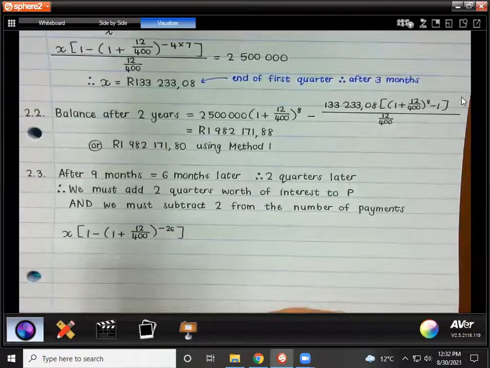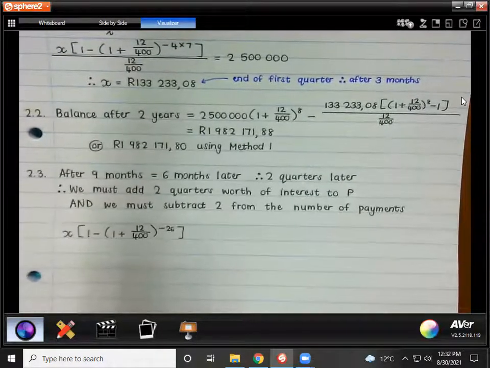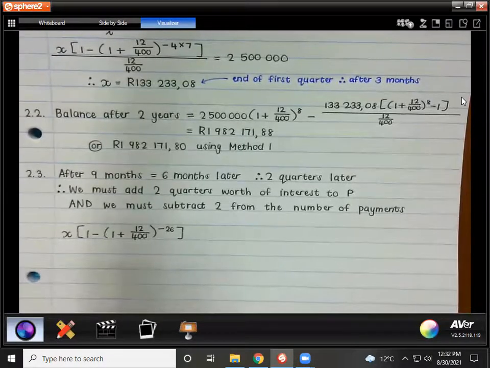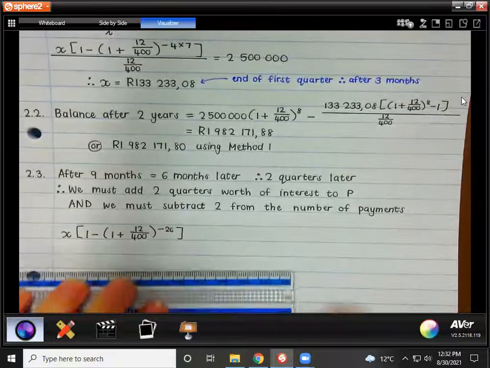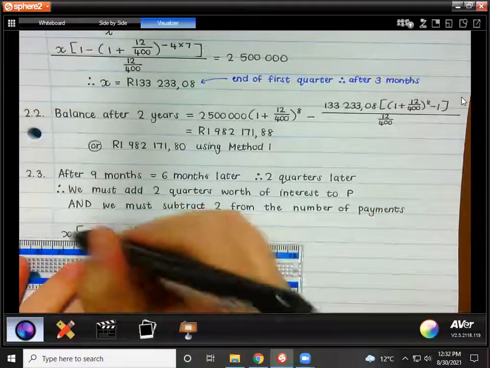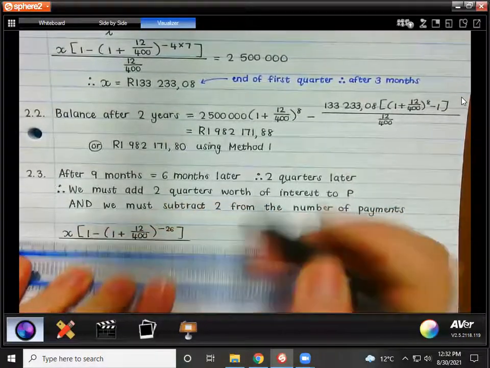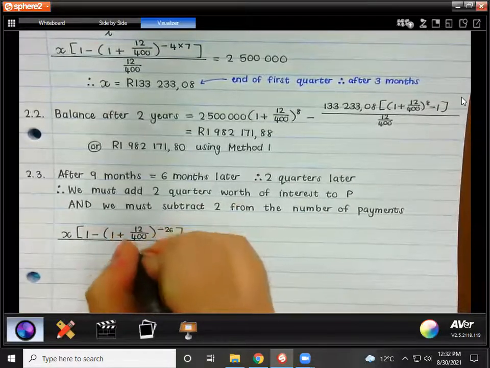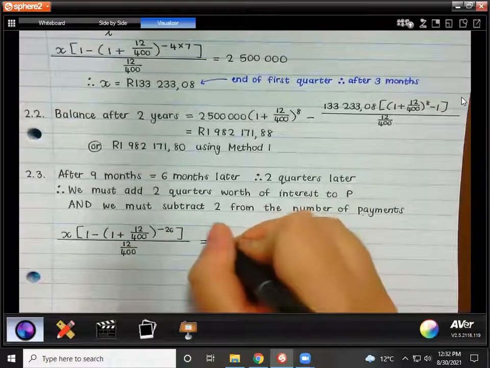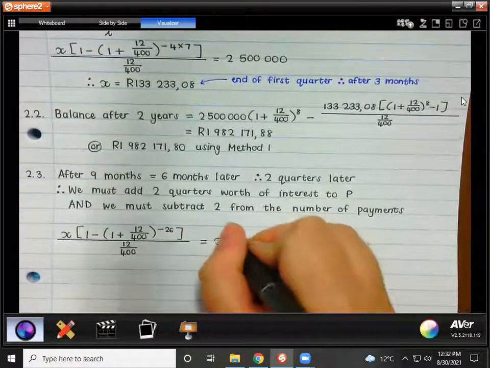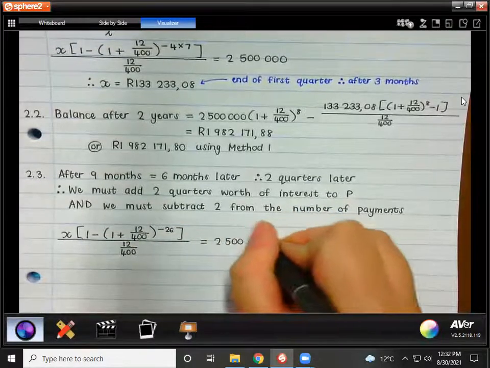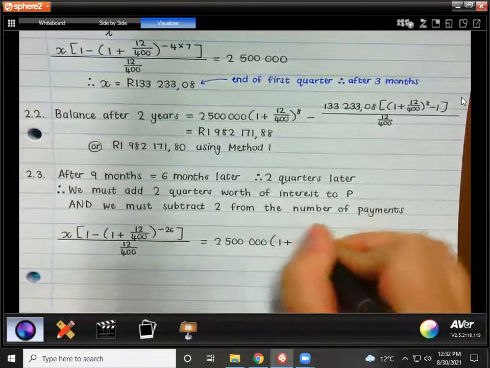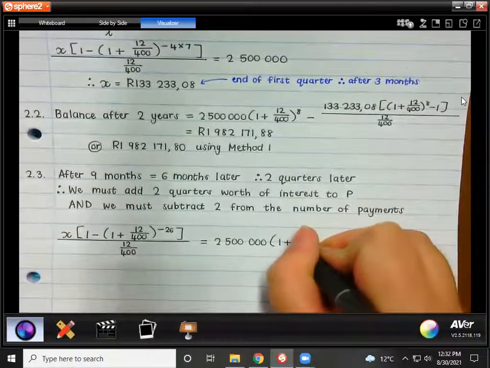Or you could put in square brackets 4 times 7 and then minus 2 if you want. And that is over 12 over 400. Remember that's over i. That is now equal to 2.5 million, and we have to add 2 quarters worth of interest to that.